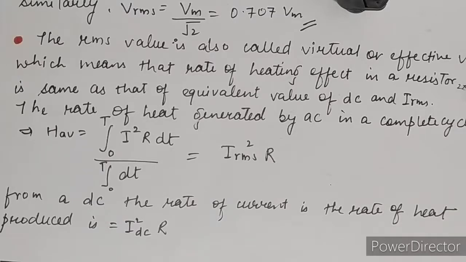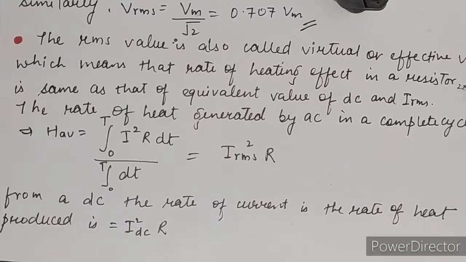The relative distances between the markings will be in the ratio of 1, 4, 9, 16, like this. And for them the current is also I, 2I, 3I, 4I. So I square is I, 2I means 4, 3I means 9, 4I means 16, like this.